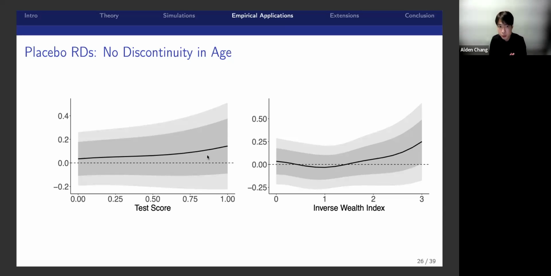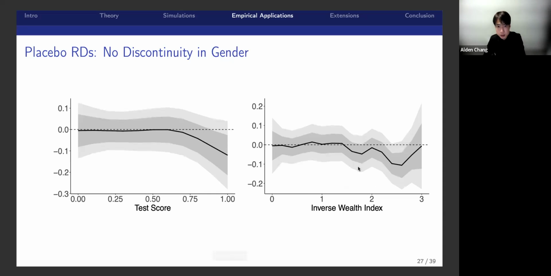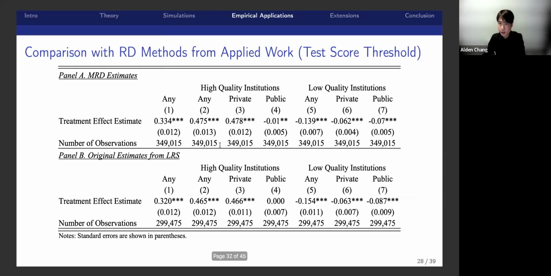Here are the results where I use age as the placebo outcome, and we can see that the treatment effect estimates are not statistically different from 0 along the two segments of the treatment frontier. And here I've done the same using gender as the placebo outcome. Again, the treatment effect estimates are basically not statistically different from 0. So it looks like we have a valid RD.